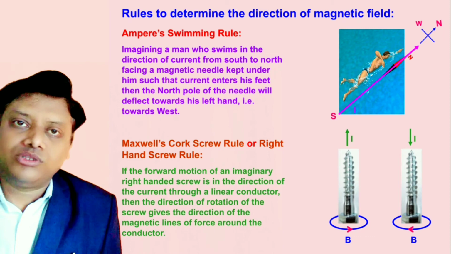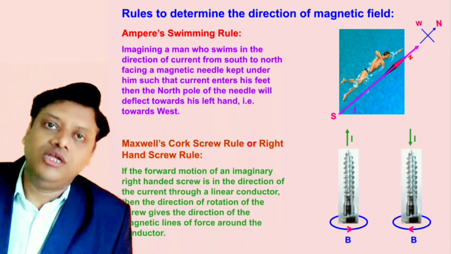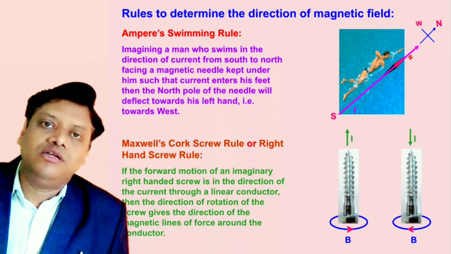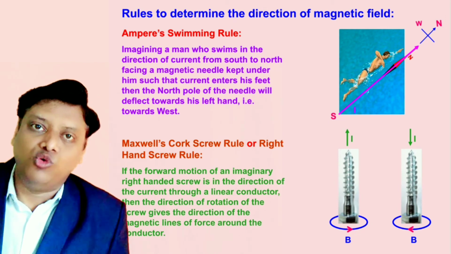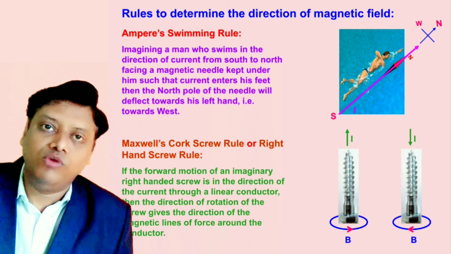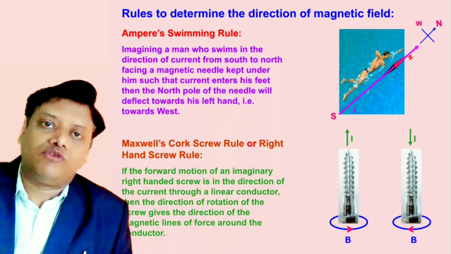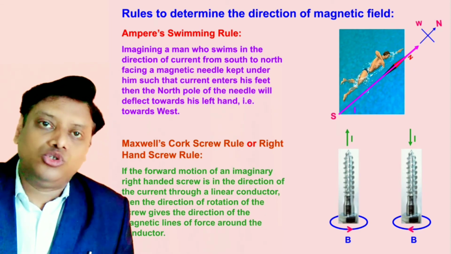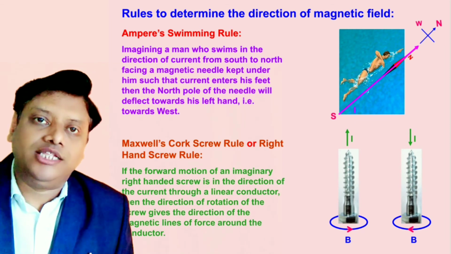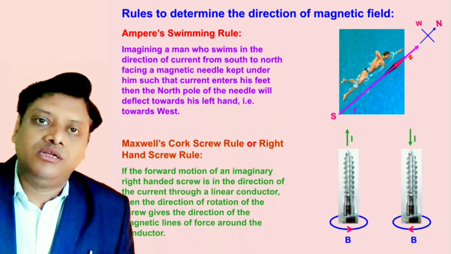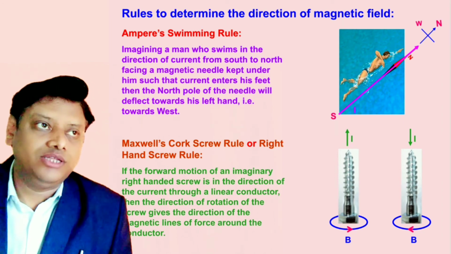In terms of the rule, we can write it like this: current from south to north in the wire which is placed over the needle. The O from over is taken as the short form in the word SNOW. So current from south to north in the wire placed over the needle, then the north pole will deflect towards the west. This is called the SNOW rule.